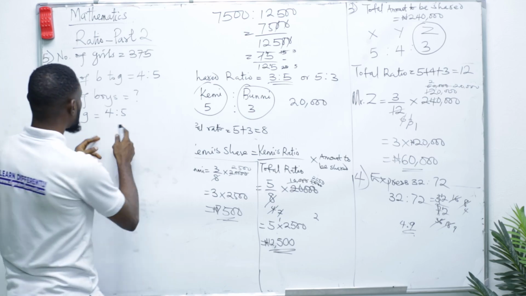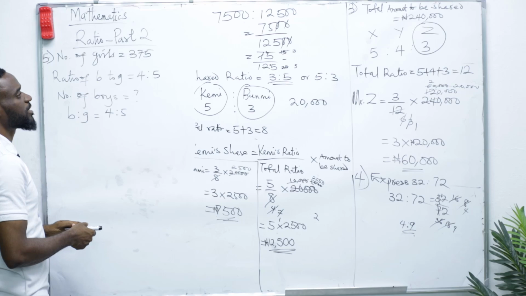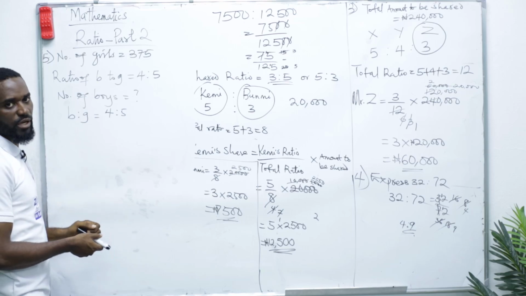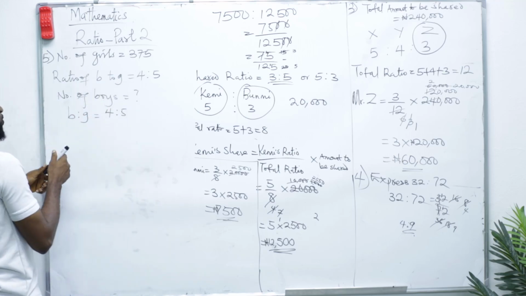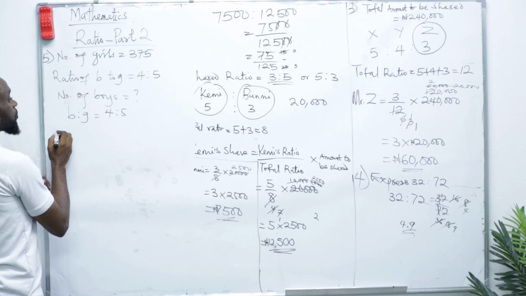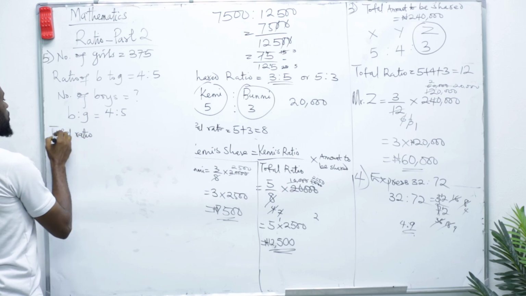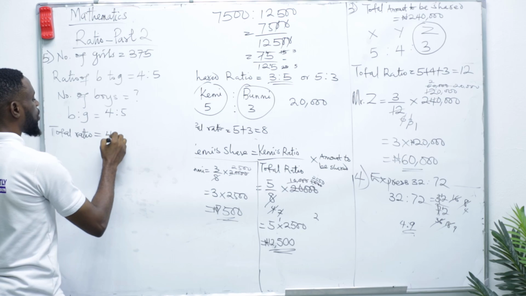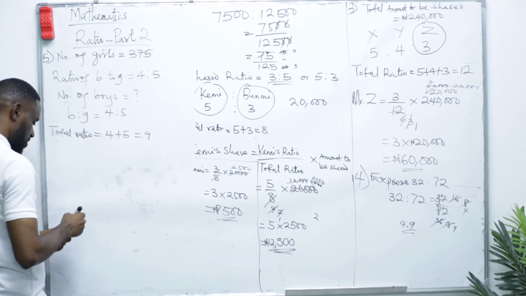So what do we do to get the number of boys? First of all, let's add the two ratios. The total ratio is equal to 4 plus 5, which is equal to 9.